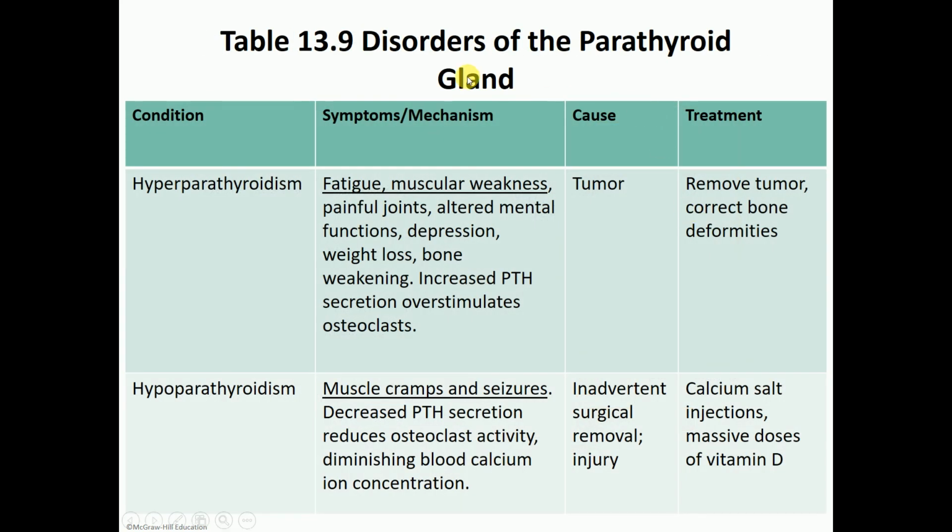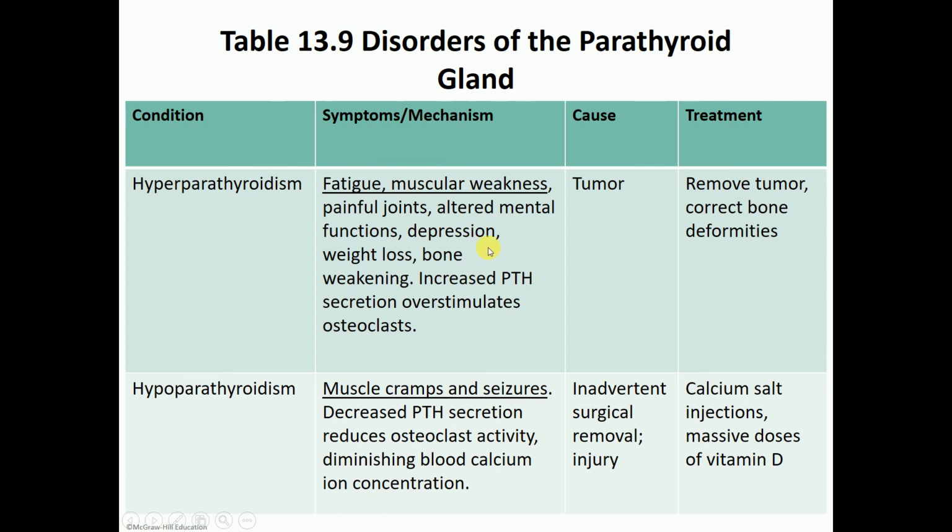Now for the disorders of the parathyroid gland, either hyperparathyroidism, mostly due to a tumor, and in order to treat that, you can go ahead and remove those tumors. Hyperparathyroidism, these patients would have hypercalcemia, and they would come in with symptoms of fatigue and muscle weakness, depression, weight loss, bone weakening, because all of that calcium is coming actually from the bone.